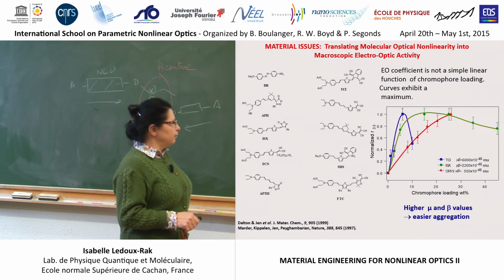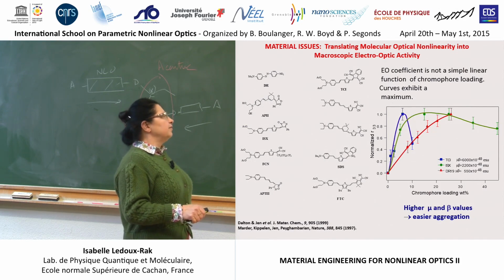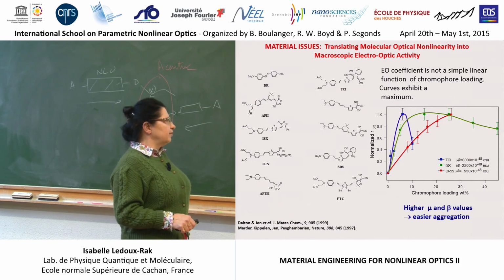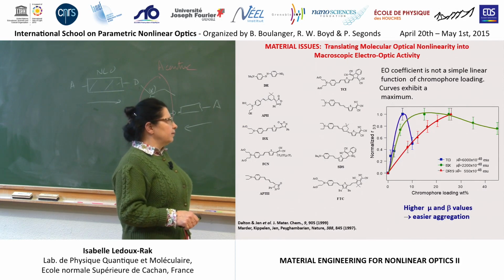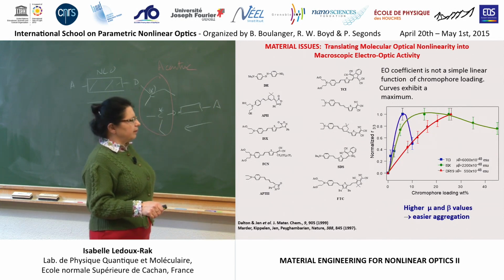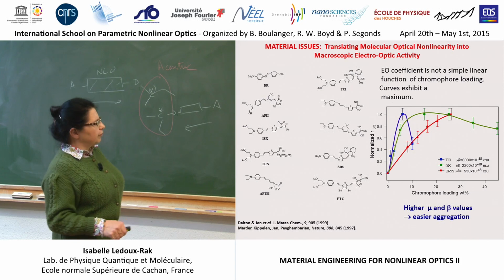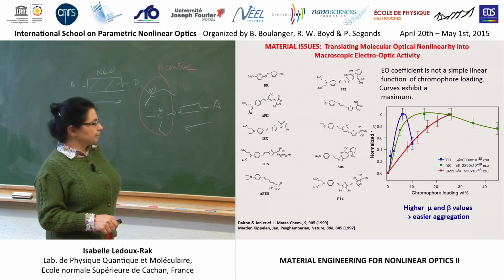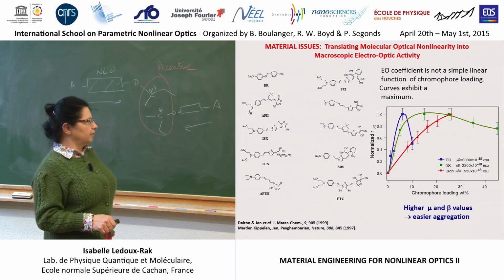You can see here that using a relatively low efficiency molecule, that's Disperse Red One in red, the electro-optic coefficient increases almost linearly up to 30% of concentration. And then you have a regular increase.